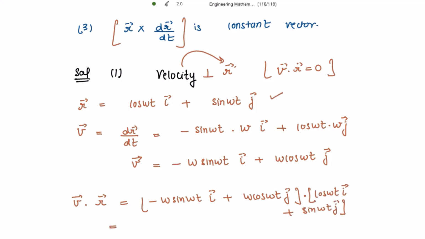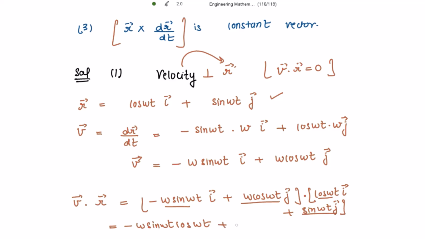We know that the dot product of i with i is 1. So taking the dot product of minus w sin wt i vector with cos wt i vector, that gives minus w sin wt into cos wt. That's it.